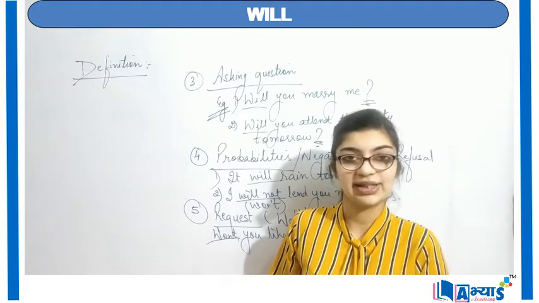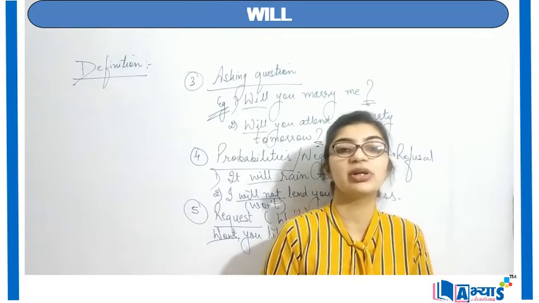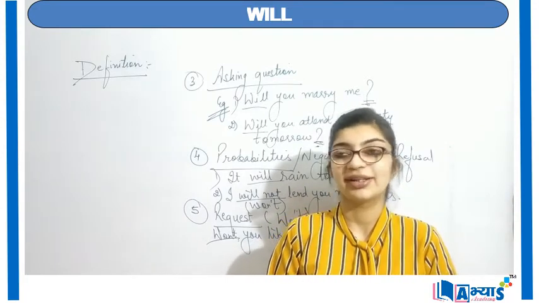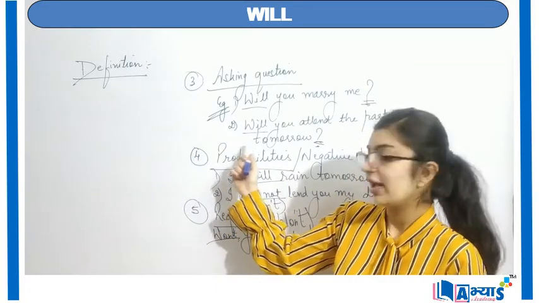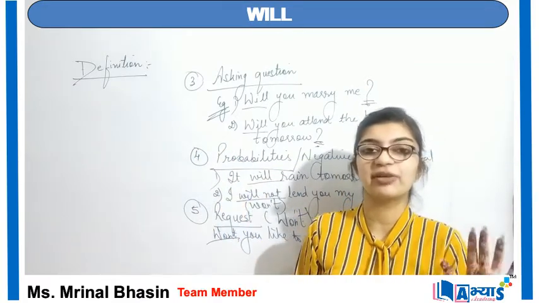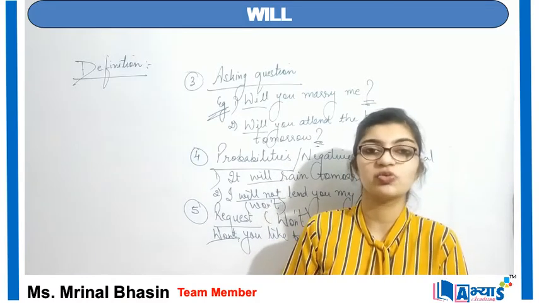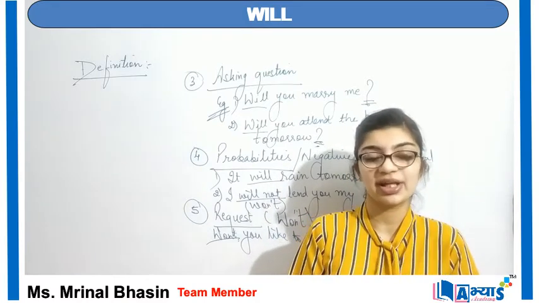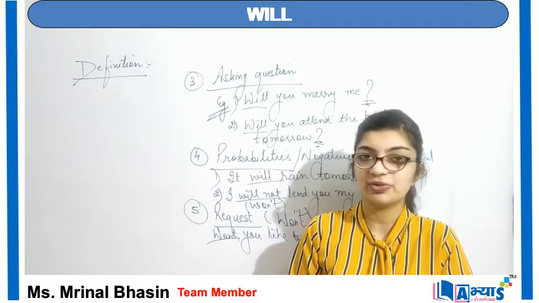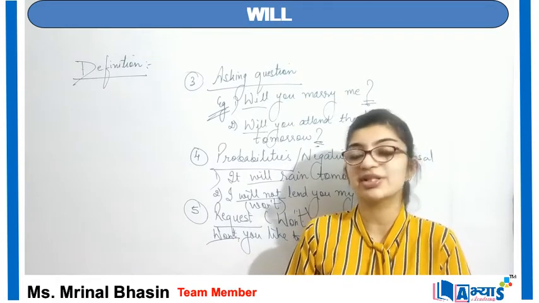So, in this video, we covered one type of modal, that is will. And will can be used in five forms. First is that it can be used with the second and the third person and indicates a simple future tense or a future sentence.